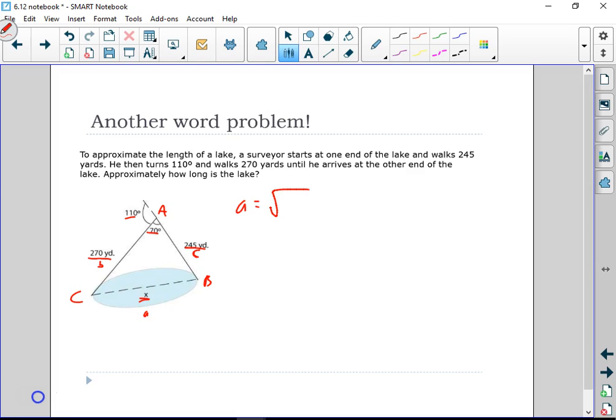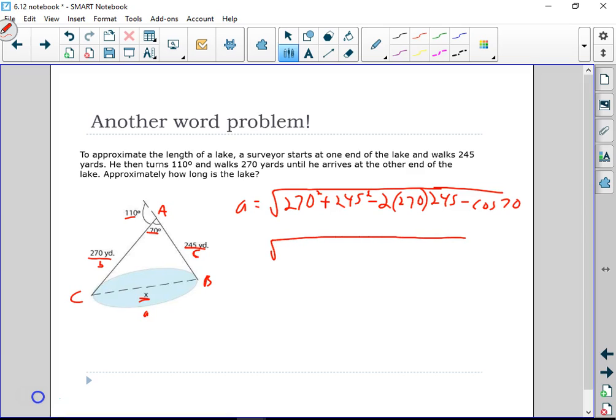A is equal to the square root of b squared plus c squared minus 2 times 270 times 245 times the cosine of A, which is 70. So again, you can type this all in one fell swoop in your calculator.